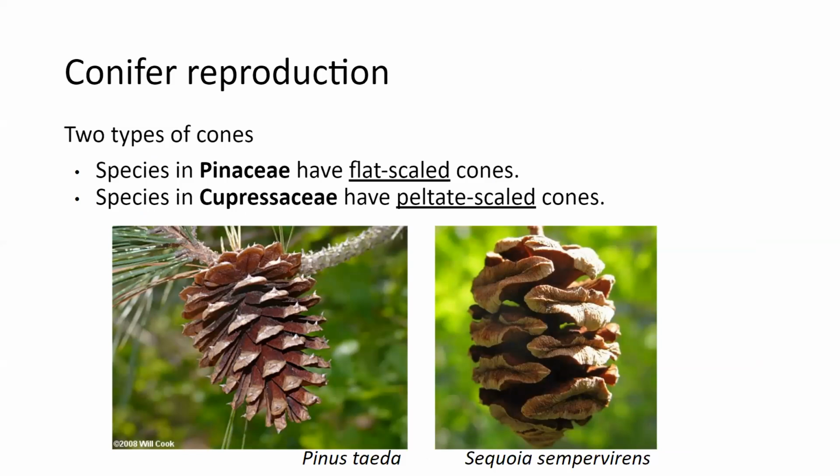Peltate means shield-shaped, and unlike the pine cones, the sequoia makes more of a rounded fruit-like cone. The cone scales are peltate, or shield-shaped. They start narrow towards the middle and then flare out as they get to the outside. To me, they don't look super like shields, but peltate is the term that we use to describe those.